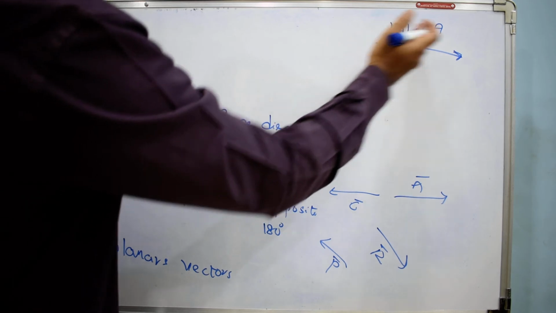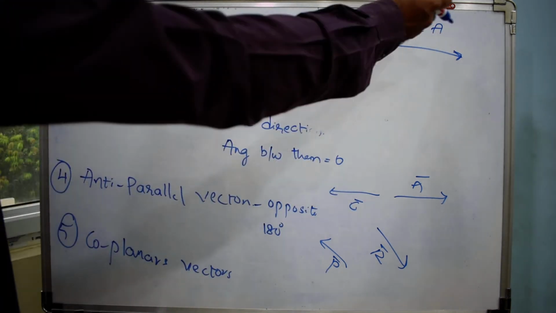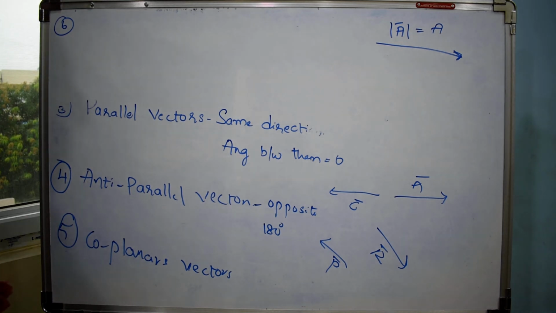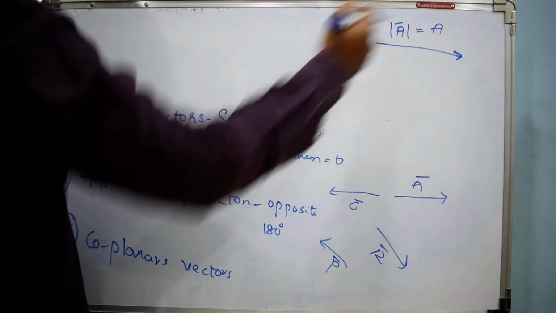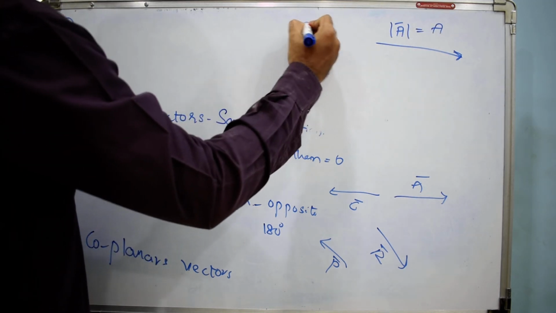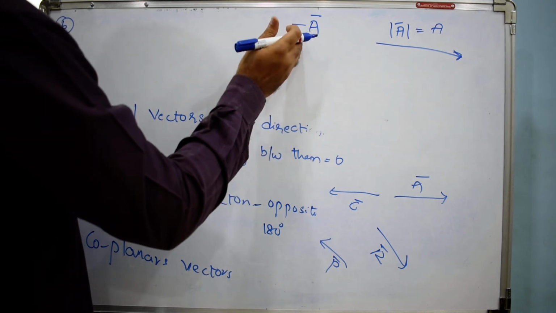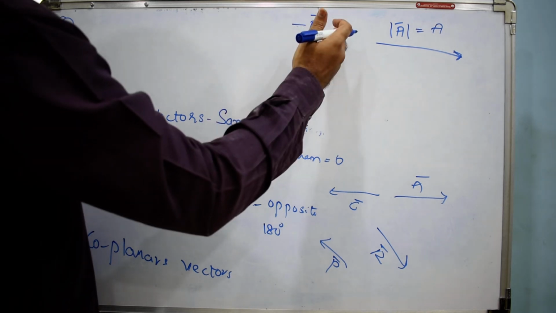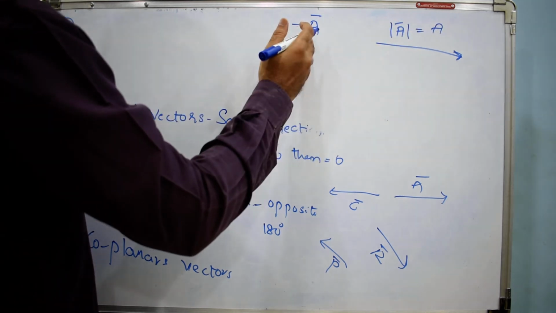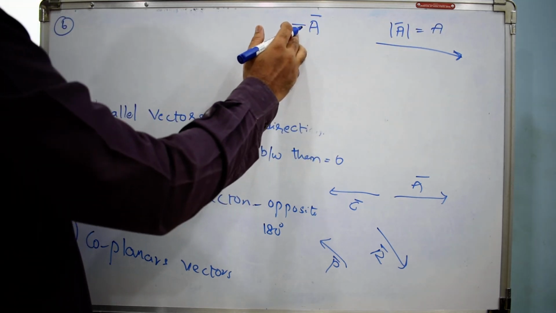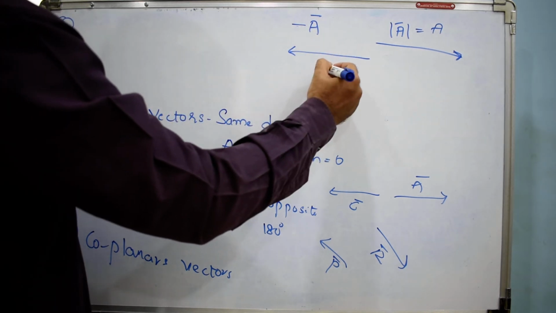Now if the magnitude of the vector is a and it is towards the right, and we have another vector, minus a bar, or negative of a bar, this is nothing but a bar multiplied by -1, and this vector will be opposite to the direction of a bar.